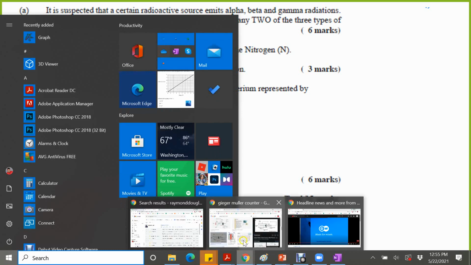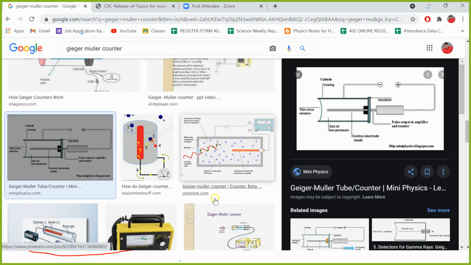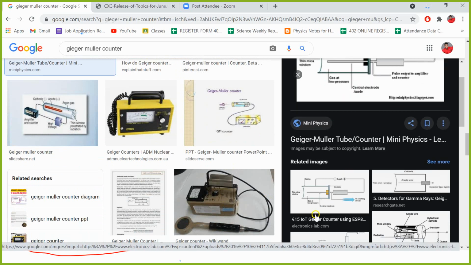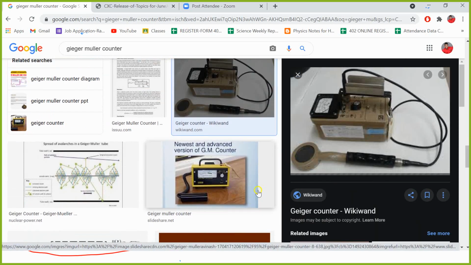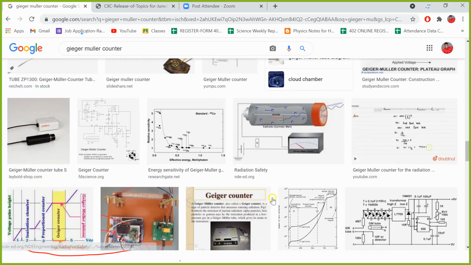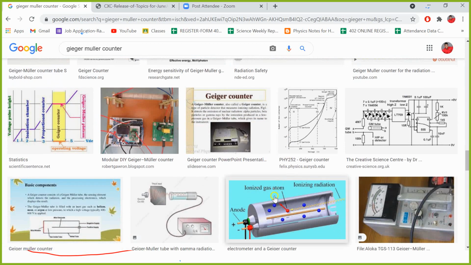The diagram, of course, is something that we should become a little bit familiar with. But I want you to let me know if you understand to some degree what we're saying here.